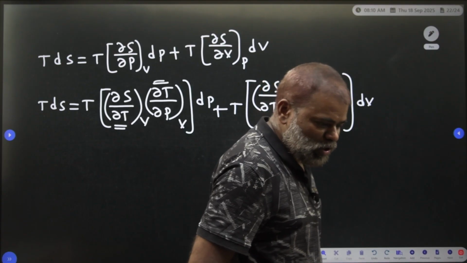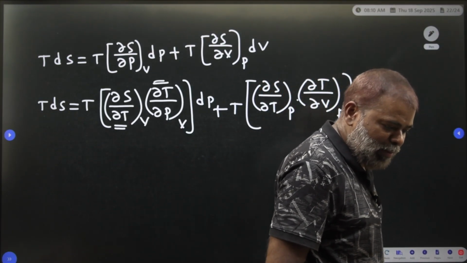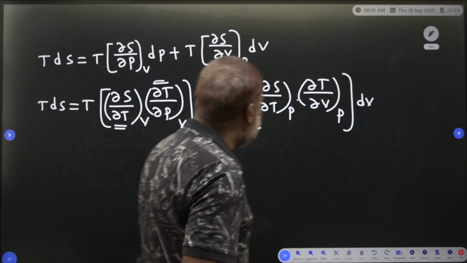But according to the thermodynamic Maxwell relations, you have to use them here. So what is going to happen?